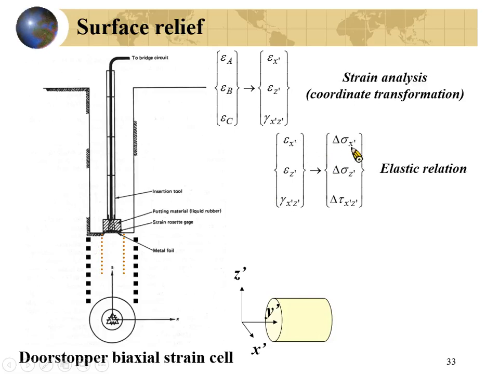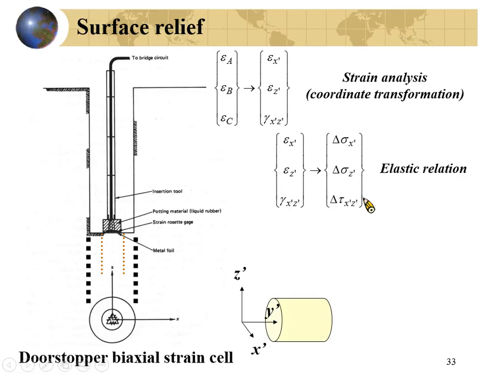Then you want to have the released stress. You can calculate the relation between the strain around here and the released stress. This will follow the elastic relation. You will have some unloading.